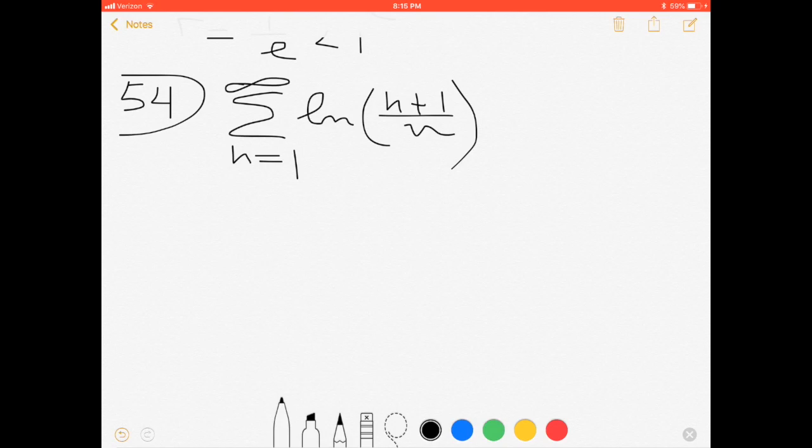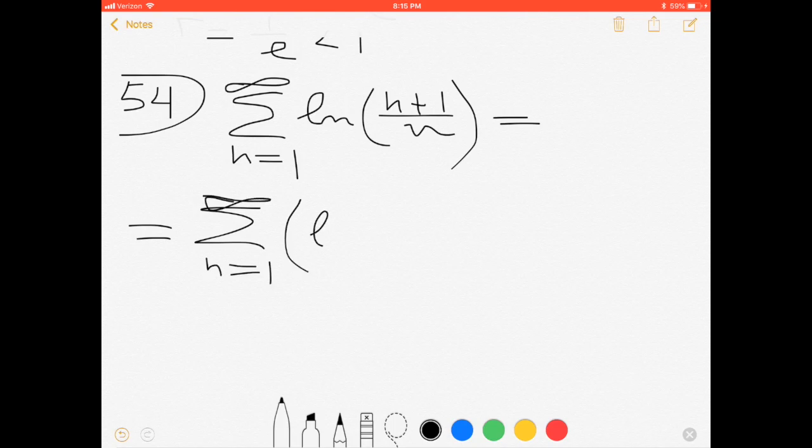Okay, what we have here? Use the logarithmic identity, and you have the series n from 1 to infinity, natural log n plus 1 minus natural log n.